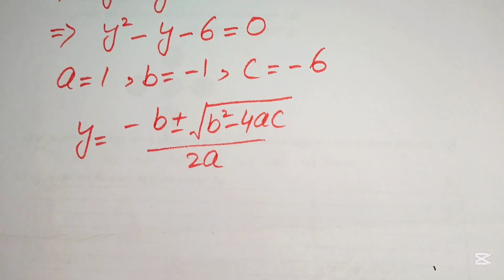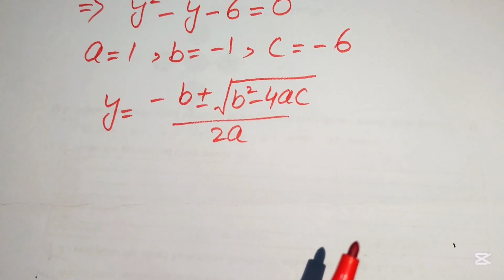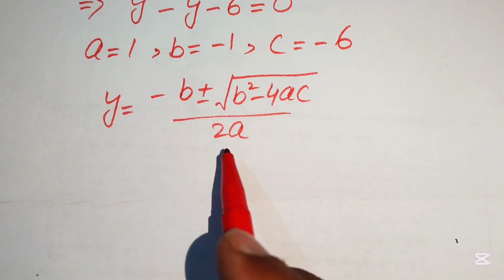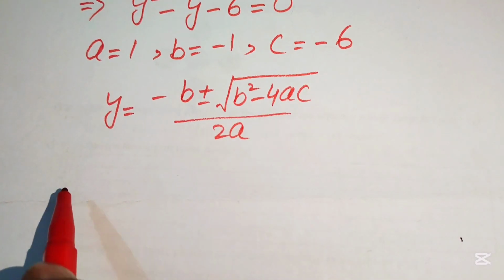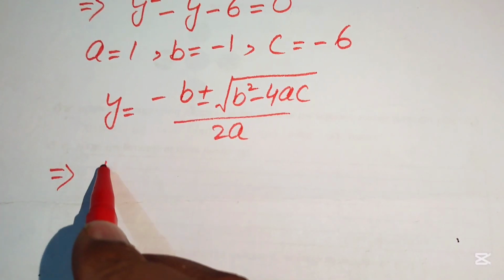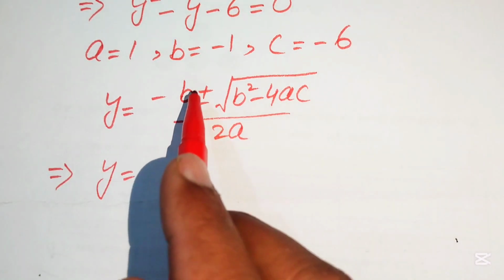Now in order to move further, we need to substitute the values of a, b, and c in this formula. First, the value of b is -1.